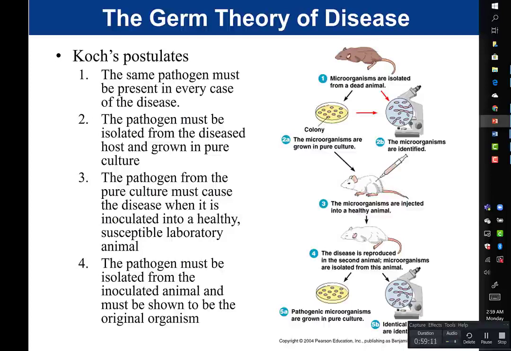So if you take that organism that died, the one that you inoculated, and now you look at the types of microbes that are present, if that particular microbe causes that disease, you need to see that same microbe at the end that you saw in step 2. That would show that that microbe is the one that's responsible for causing the disease.